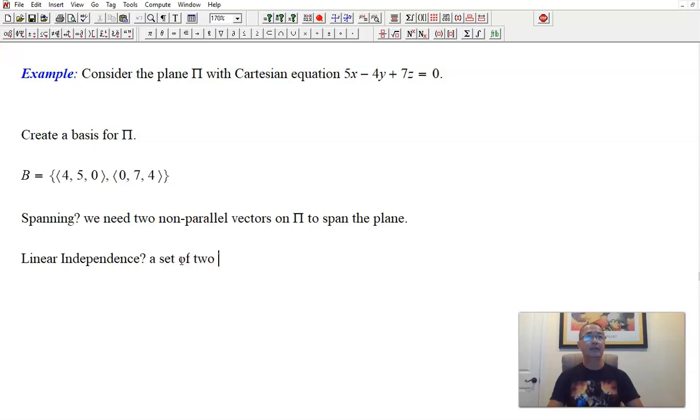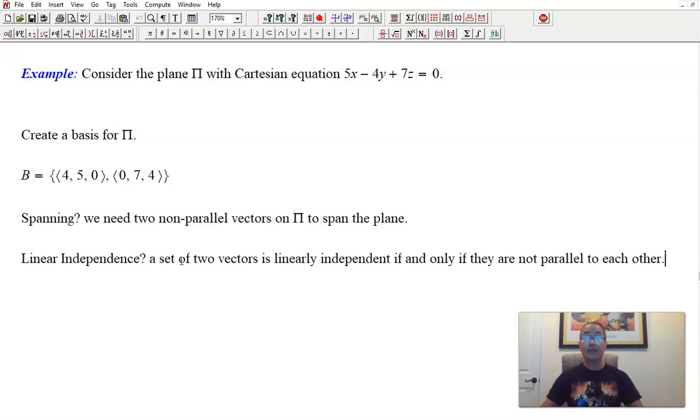A set of two vectors is linearly independent if and only if they are not parallel to each other. All right, so that takes care of both spanning and linear independence, and therefore B is a basis for pi.